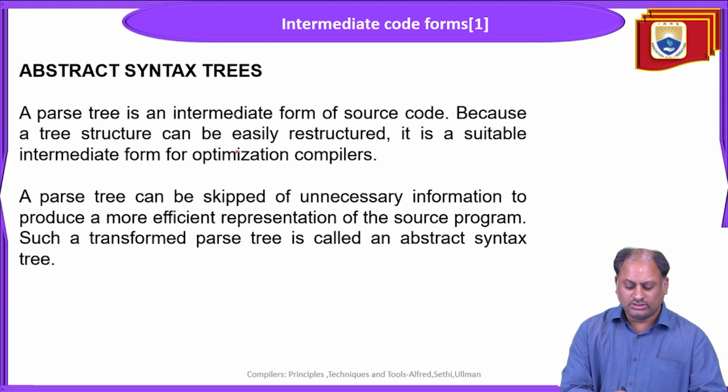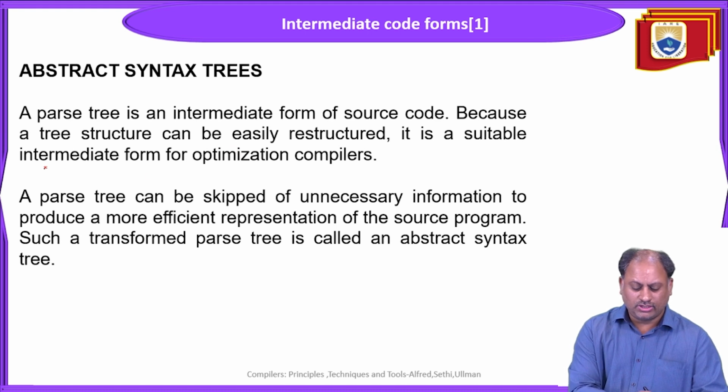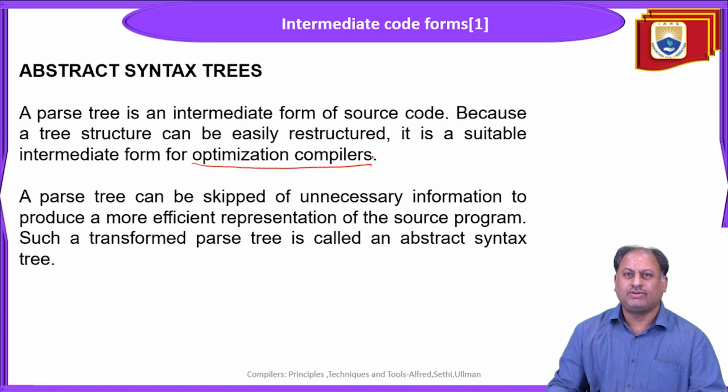This tree structure is suitable for optimization in compilers. So optimization procedures can be easily implemented where an intermediate form of source code is available. For that, a parse tree structure is required, and for that construction, this intermediate code is also helpful.